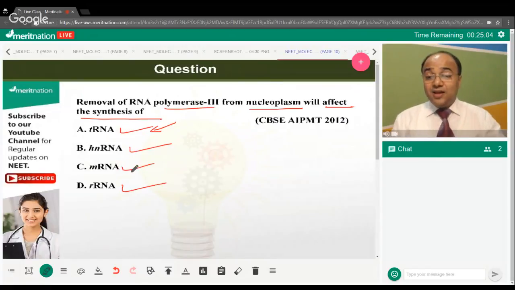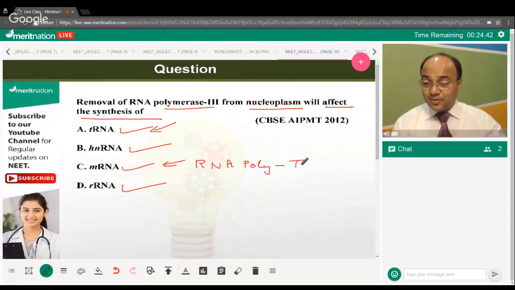It will be tRNA. Remember, RNA polymerase 1 in case of eukaryotes is responsible for the synthesis of rRNA. Right, Akanksha? RNA polymerase 2 in case of eukaryotes is responsible for the synthesis of mRNA. Right, so mRNA is synthesized by RNA polymerase 2.